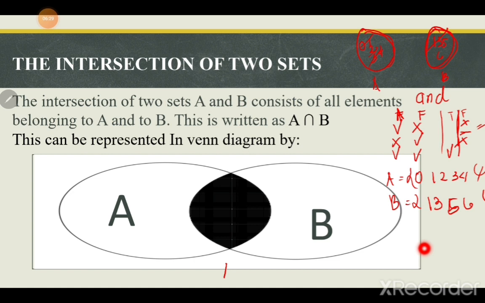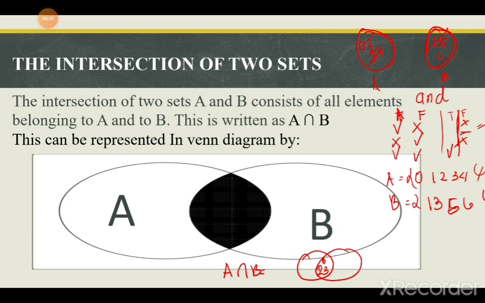Therefore, I may say that A intersection B is equal to 1, 2, 3. This is the intersection. When we say intersection, they must be the same elements in the other set. That is where they intersect. That is what connects them.